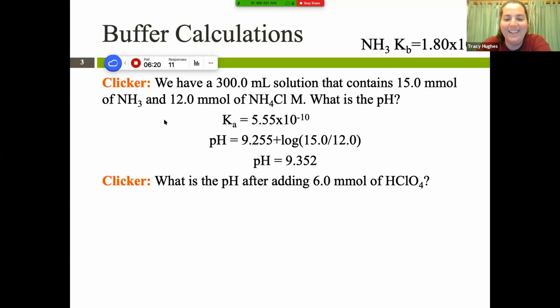We were adding 6 millimoles of the perchloric acid into our buffer that we already had set up. Right. So what is perchloric acid, and why did that trigger you to say that we need an ICF table? Because we can only use the Henderson Hasselbalch if we have the conjugate base. So I knew, yeah, and it's a strong acid.